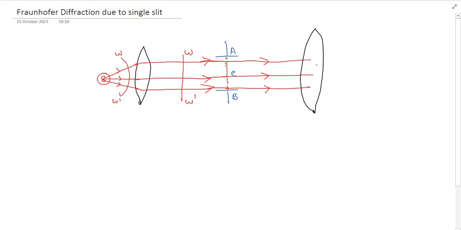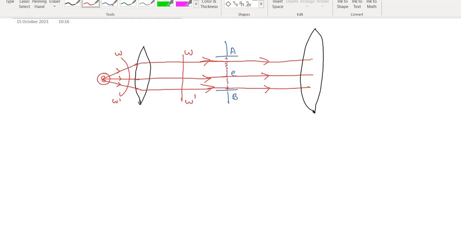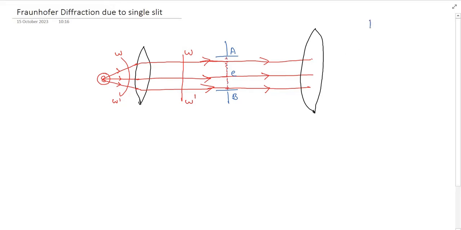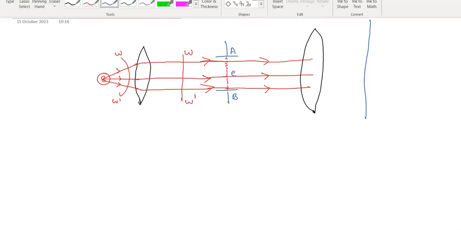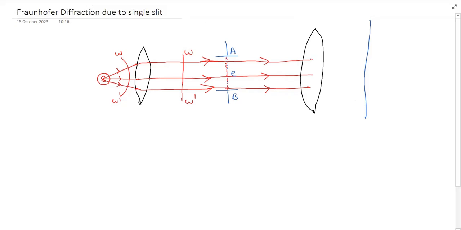After passing through this lens, the light is captured on a screen. So the light beams which are moving in the theta equal to 0 direction converge at a point P.